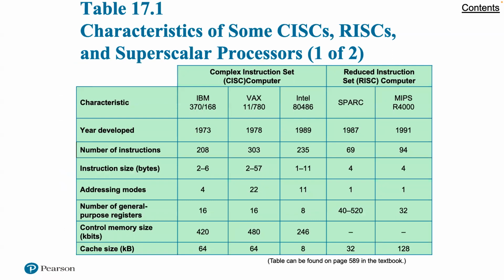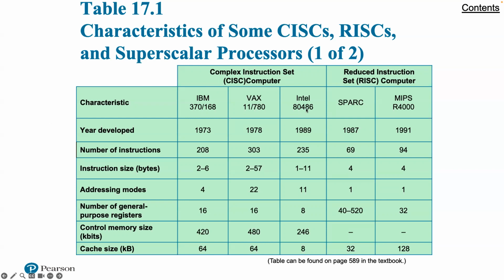So here is the first part of table 17.1. It shows the characteristics of CISC, RISC, and superscalar processors, and we'll get into superscalar as we progress through this lecture. But first of all, let's talk about the complex instruction set computer, the CISC. So we have the IBM 370, the VAX, and then we have the Intel line with the x86, and we're focusing here on the 80486.